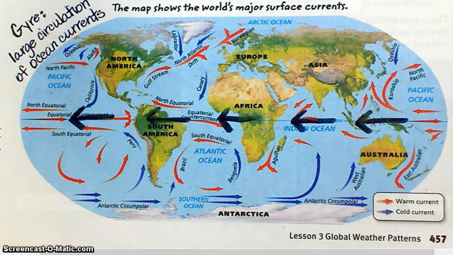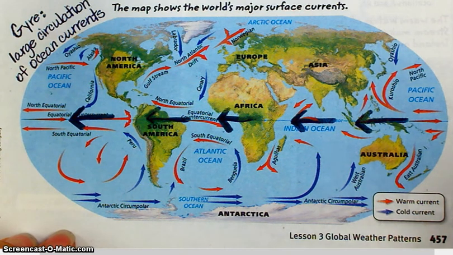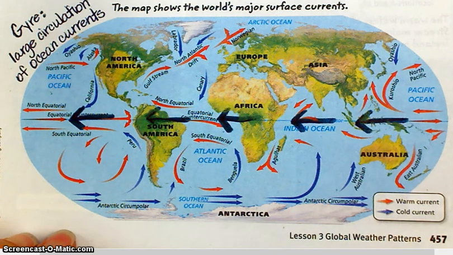Now, you guys know from the notes from lessons 1 and 2 that winds are what cause surface ocean currents, okay? So the winds are kind of going to get all of this started. We're going to start at the equator so that we know how to turn each of the ocean gyres we're going to draw.